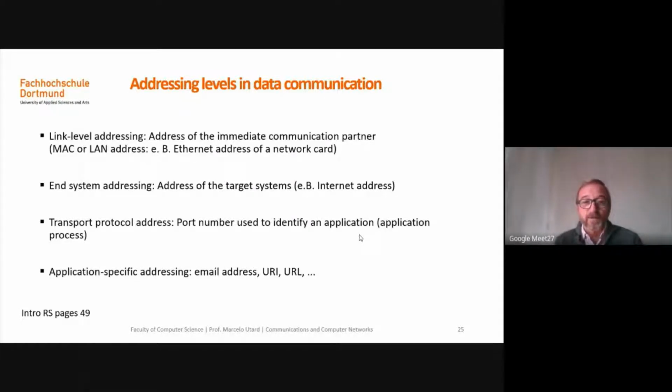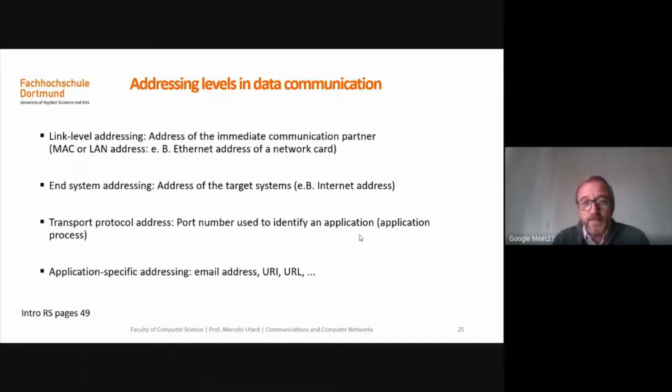In the case of IPv4, the internet address is a number of 4 octets, that is 32 bits. In the case of the MAC address, the MAC addresses have 6 octets, that is 48 bits.